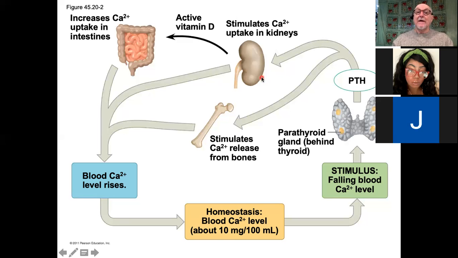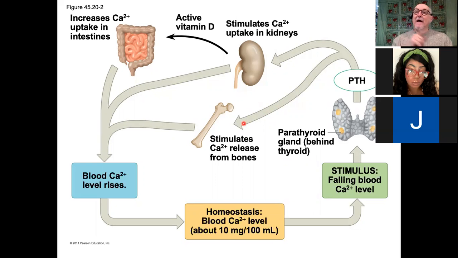The kidneys, first of all, begin to take up more calcium ion. They selectively take up more calcium ion in response to parathyroid hormone. In addition, parathyroid hormone causes the release of calcium from the bones.